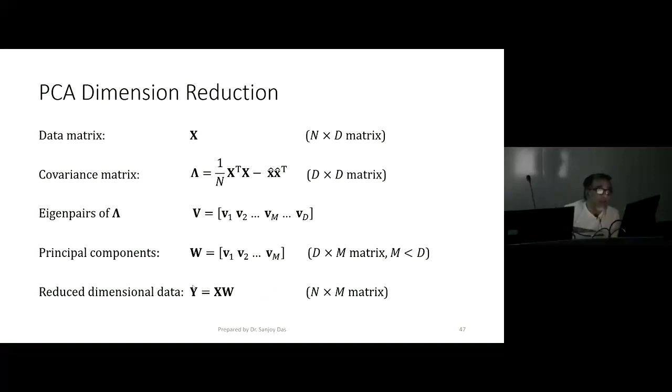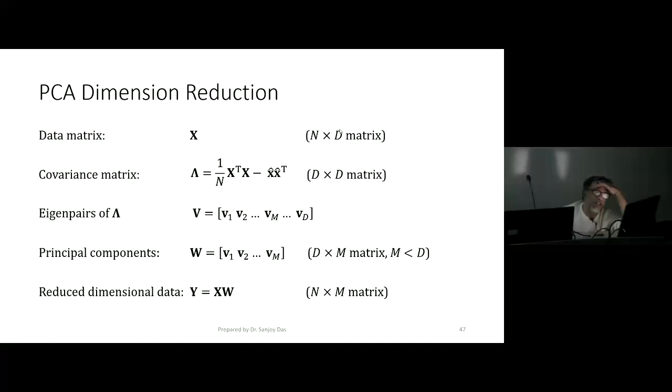And X would be the data matrix. Y equals XW. This would be an n by M matrix instead of an n by D matrix.